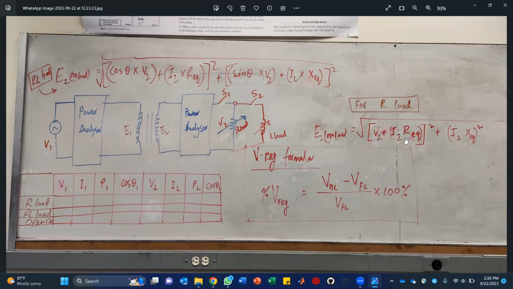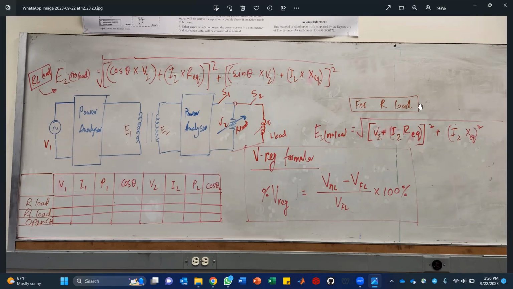So you may ask, where can we get R equivalent and X equivalent? We just covered the short circuit test, and we discussed how we can calculate R equivalent and X equivalent.